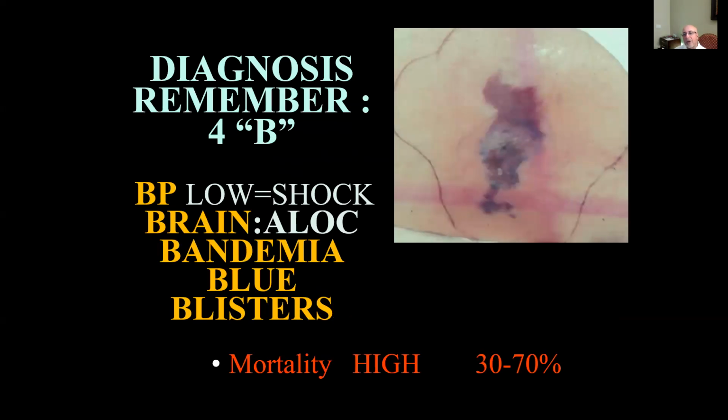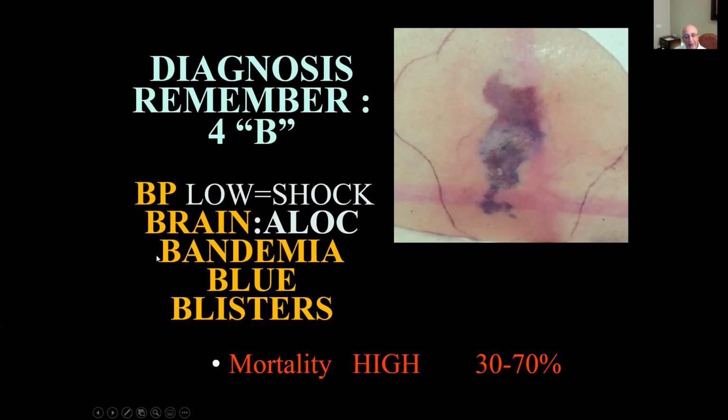So in order to increase our index of suspicion for patients with necrotizing skin infection, I have recommended the 4 Bs. These stand for low blood pressure or shock and lactic acidosis, altered mental status or level of consciousness, which is the brain.